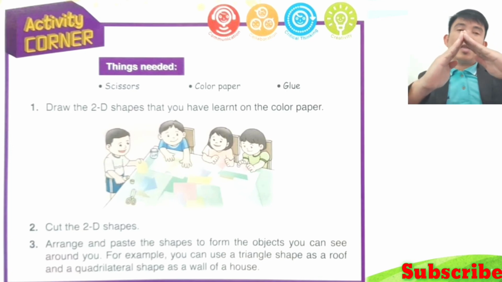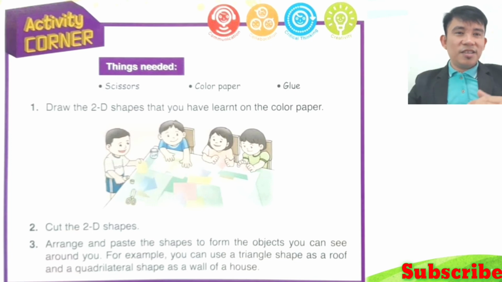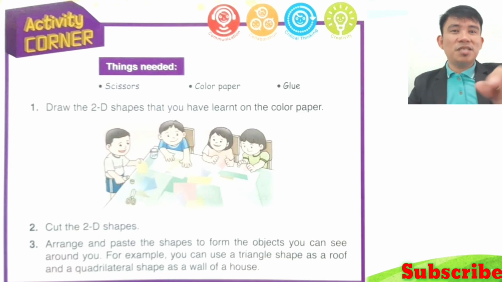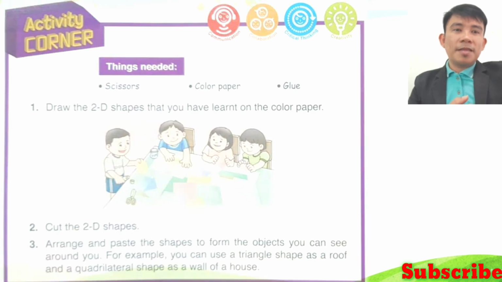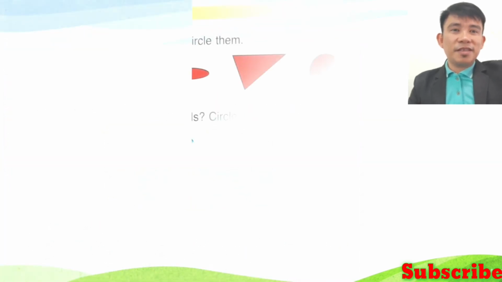Okay, triangle like this, and then a square for the base of a house. So triangle for a roof and a quadrilateral for the wall of the house. Okay, so that's the first thing that you need to do. So you can take a picture of what you did, or a video.